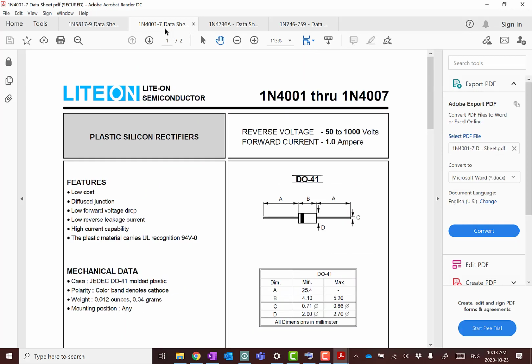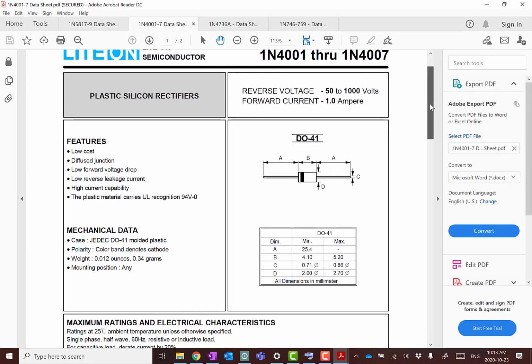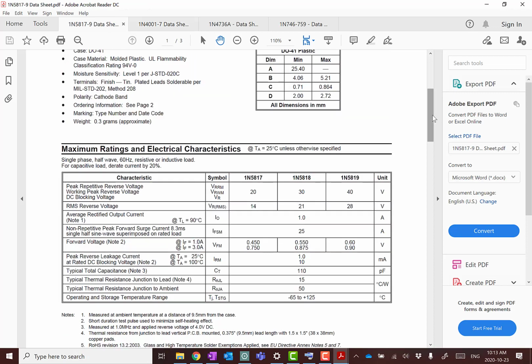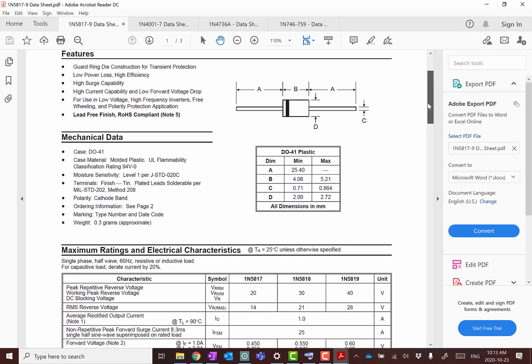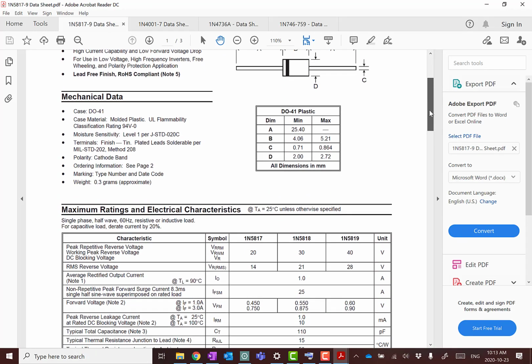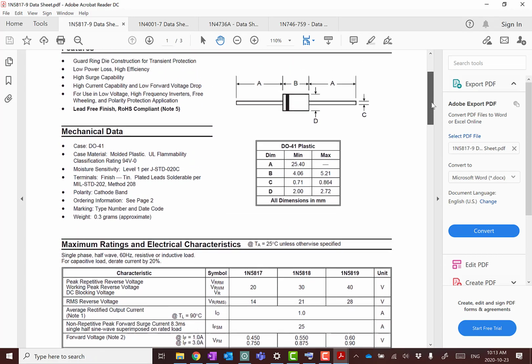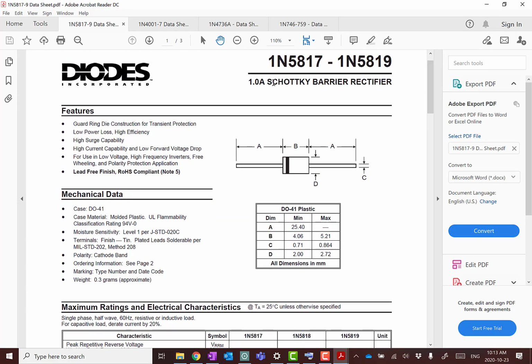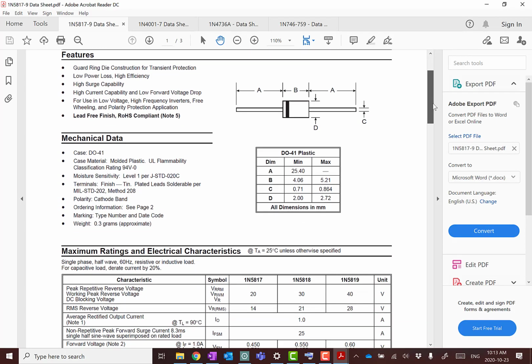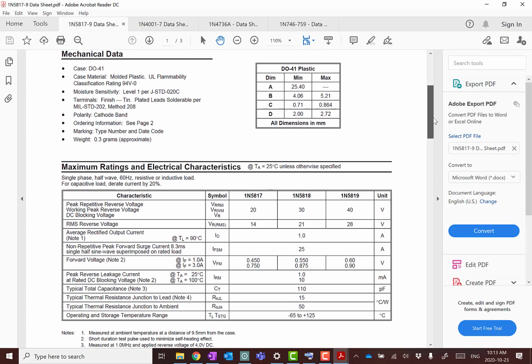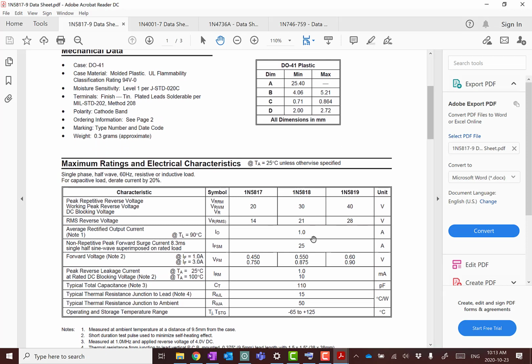If we look at the other rectifier diode that was used in the lab, this one was a Schottky diode, and I'm not sure if anybody picked out that it was a Schottky diode, a special type of diode that has a low forward voltage drop, lower than your typical silicon diode.